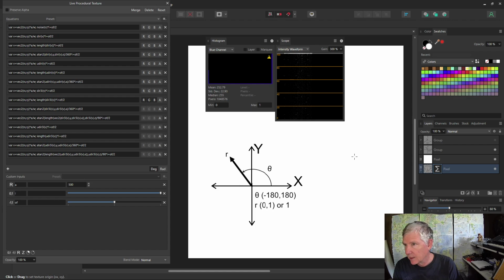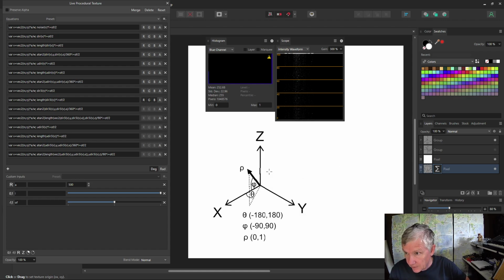All right. Now, the other case, if I look at a typical spherical coordinate system, and I got this example from my old calculus book, you have a radius, and then you have an angle, theta, in the xy plane, another angle, phi, for going up into the z dimension.